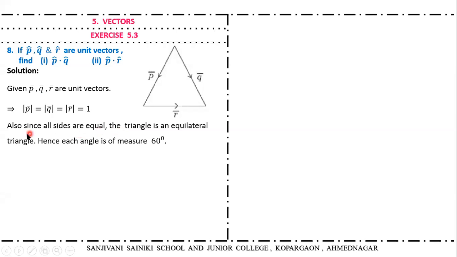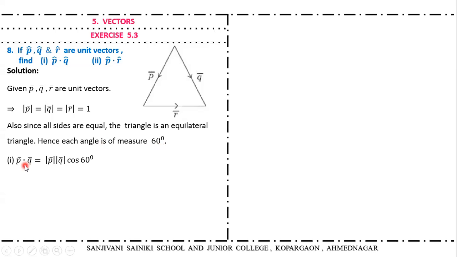Since these are unit vectors, their lengths must be equal to 1, so all the sides are of equal length. Such a triangle is known as an equilateral triangle. Hence, each angle is of measure 60 degrees.